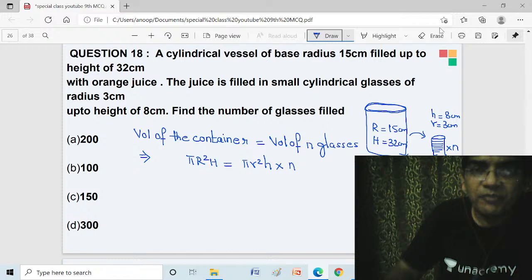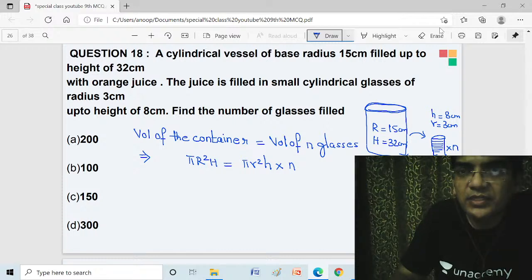Now before we put the substitution over here, this pi and pi can cancel out. Now you put the values here.